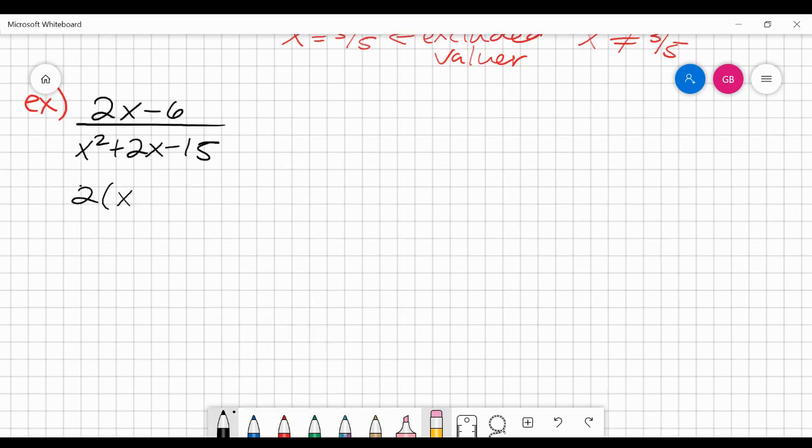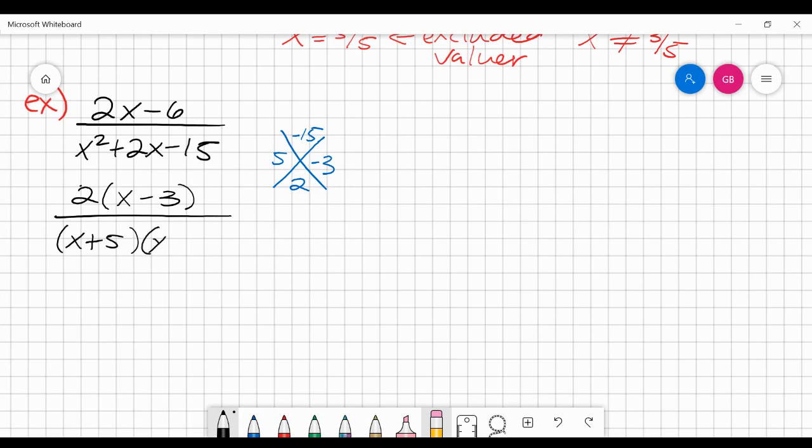On the inside, you're left with x minus 3. For the denominator, we're going to use the x method. What multiplies to negative 15 and adds up to 2? 5 and 3, but the 3 needs to be negative. So you're left with x plus 5 times x minus 3.